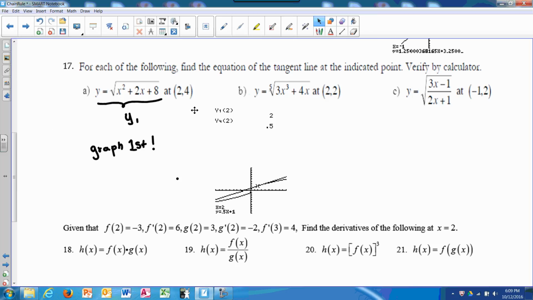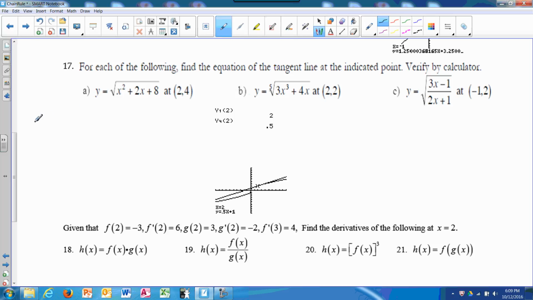So for example here, my calculator got approximately 3/4 x plus 5/2. So my calculator thinks the correct answer for the tangent line is y equals 3/4 x plus 5/2.